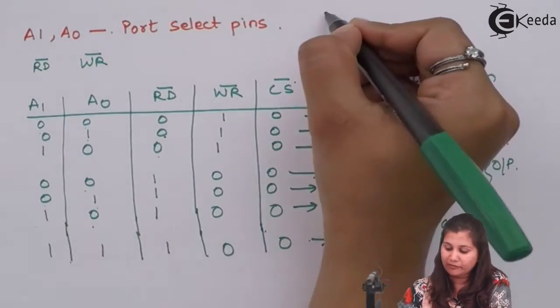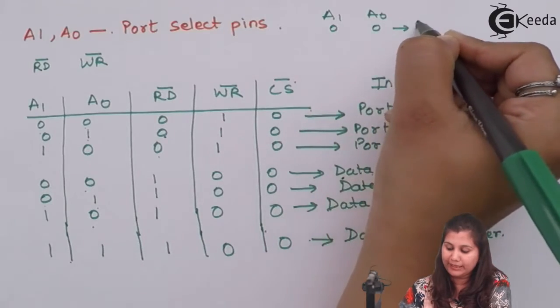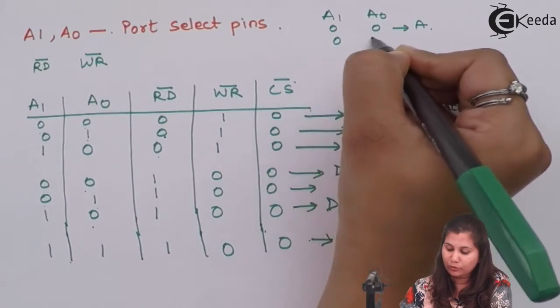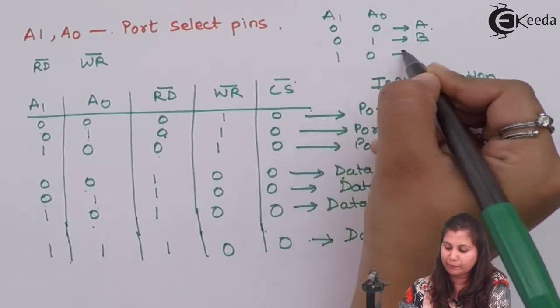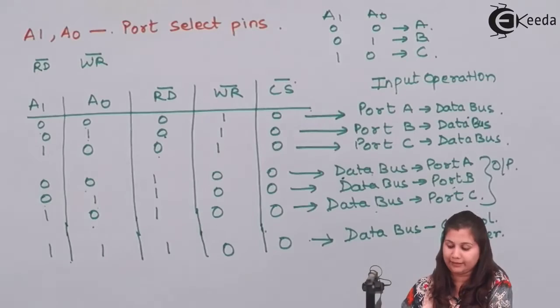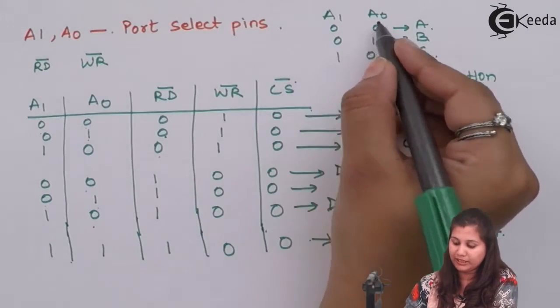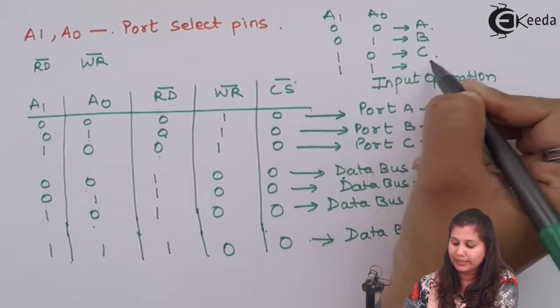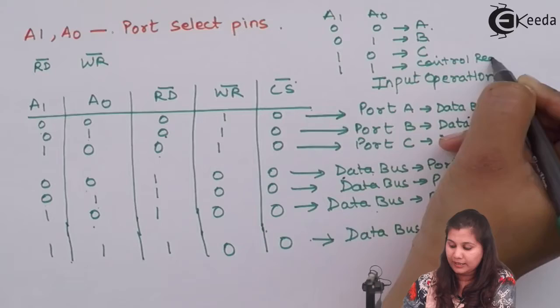So we can say that when A1 and A0 are 0 0, then port A is selected. When they are 0 1, then port B is selected, and when they are 1 0, then port C is selected. Okay. Now when the value of A1 and A0 is 1 1, then the control register is going to be selected.